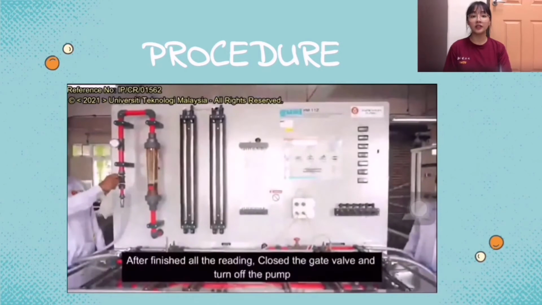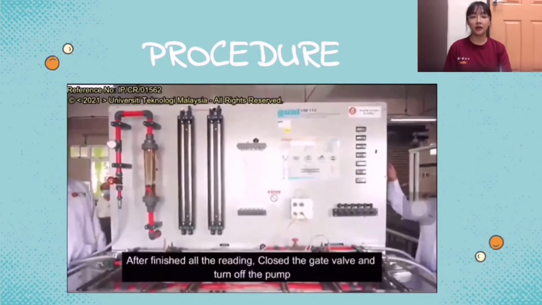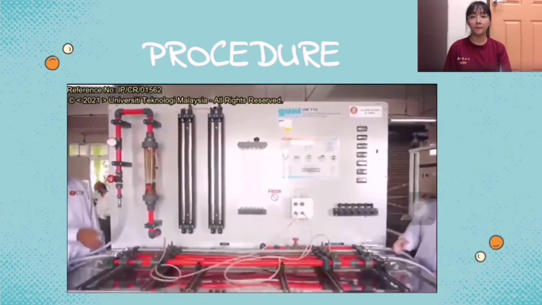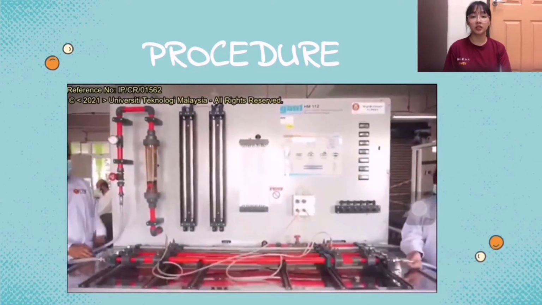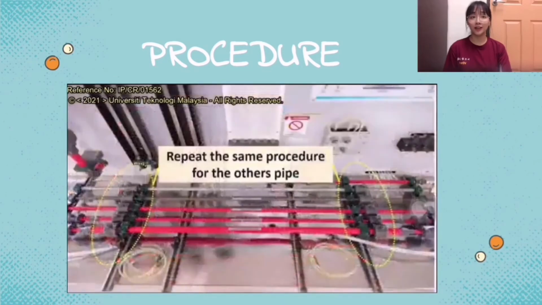After all the readings are taken, close the gate valve and the pump. Change the feeding and return hose to another pipe section. Repeat the same procedure for the other pipe.